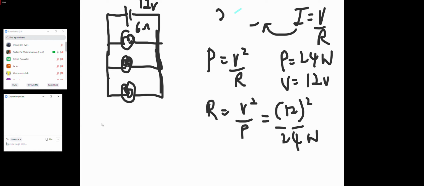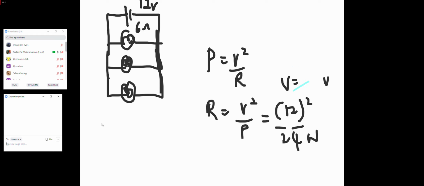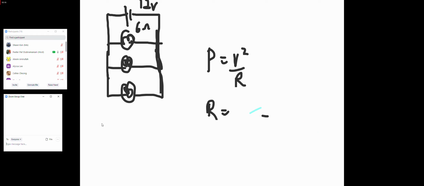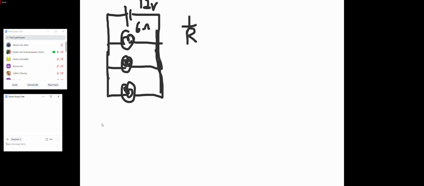Now the next thing to understand is that I'm trying to show an example first, then we go back to the question. First we try to solve the parallel. Each bulb is 6 ohms, so 1 over R equals 1 over 6 plus 1 over 6 plus 1 over 6.